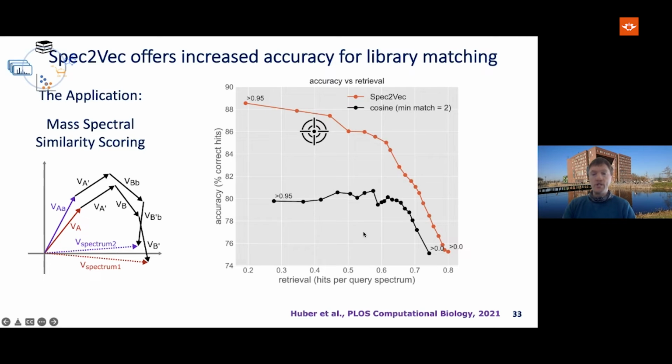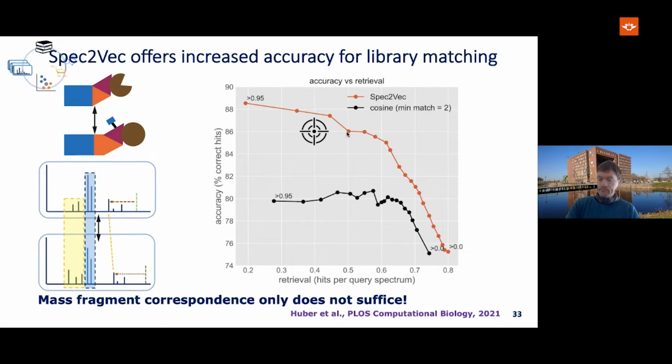And also you can see that even at getting back 50% of spectra, so for each 10 spectra you send, you get 5 back, so that is a pretty decent retrieval, you still have a pretty high accuracy. So the bottom line is that the mass fragment correspondence, if you only use that, it's apparently not sufficient to get the full information out of your data.